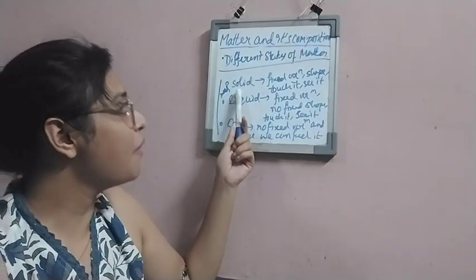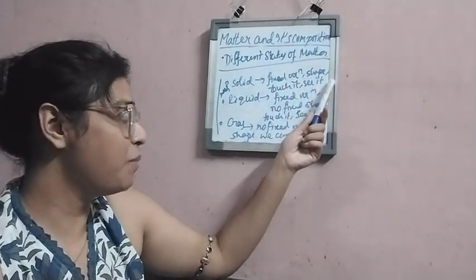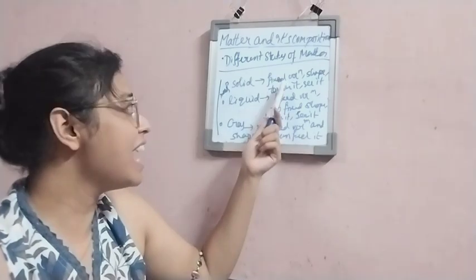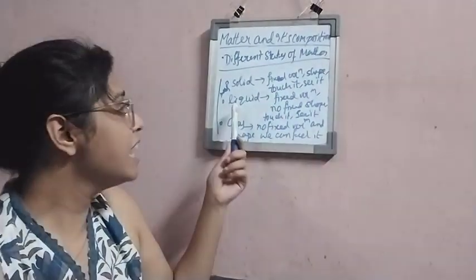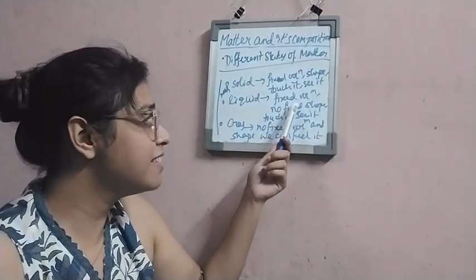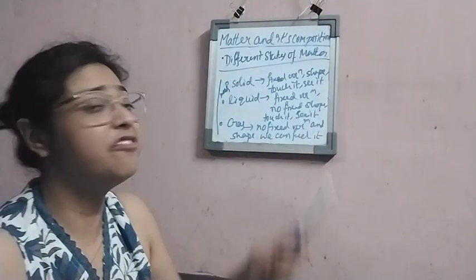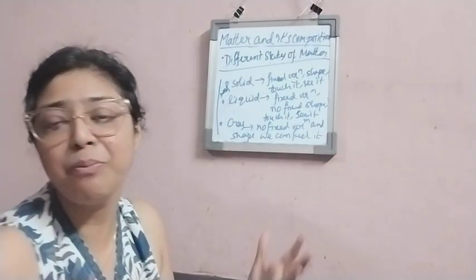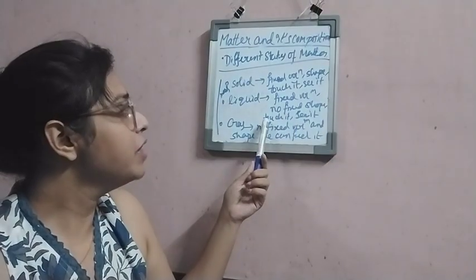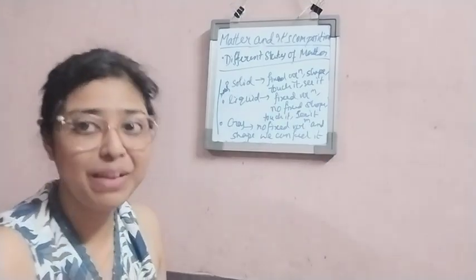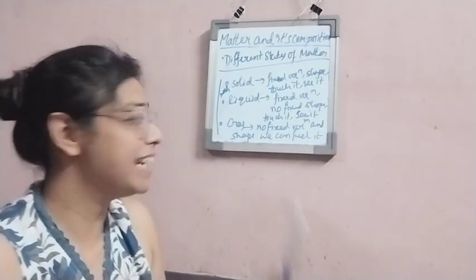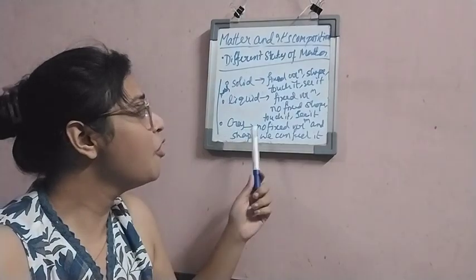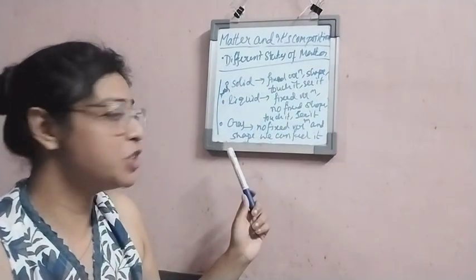In case of solid, it has a fixed volume and shape, and we can feel it, touch it, and see it. In case of liquid, it also has a fixed volume, but it doesn't have any fixed shape. It takes the shape of the container. And we can also touch it and see it, and in case of water, we can also drink it. In case of gas, there is no fixed volume and no specific shape.